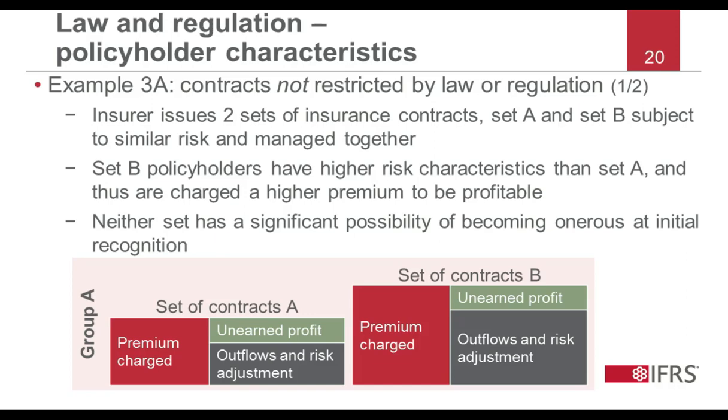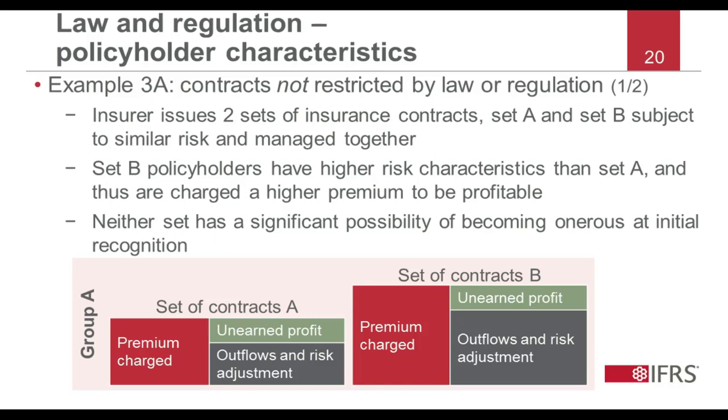Set B is considered to be higher risk, and so a higher premium is charged to compensate for this when compared to Set A. The entity has reasonable and supportable information that the contracts in Set B will all be in the same group. In addition, the entity also has reasonable and supportable information that the contracts in Set A will all be in the same group.